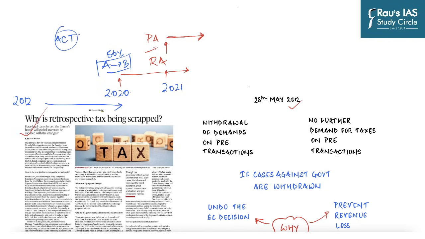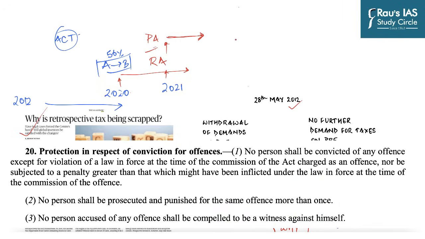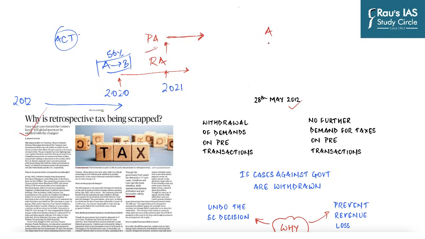To exactly solve this problem, our Constitution has something to say about it. If you read Article 20, protection in respect of conviction for offences: no person shall be convicted of any offence except for violation of a law in force at the time of the commission of the act charged as an offence. What this says is that if I commit a criminal act today, I will be charged for this offence according to the law which exists today, and there cannot be any retrospective amendments to the criminal law.